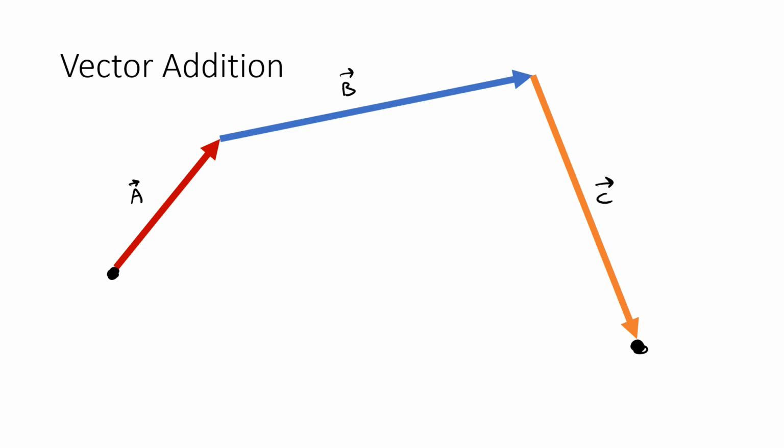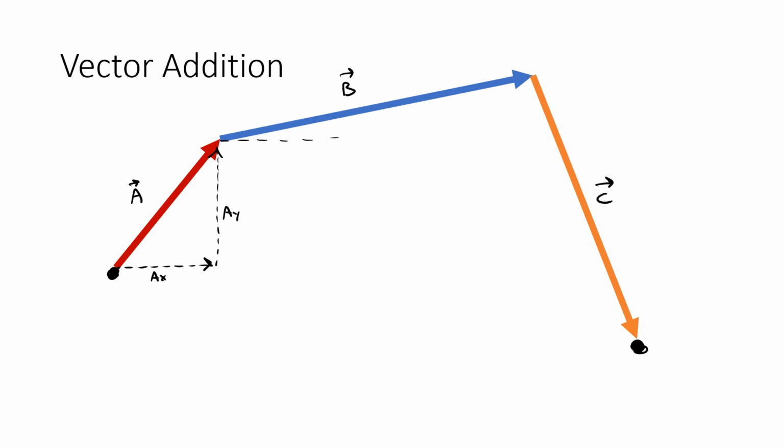Before I move the page, let me clarify what I'm doing. I'm going to break these up into their component pieces. That's always the first step. So vector A goes from here to here. That's A sub x. And it goes up to here, A sub y.